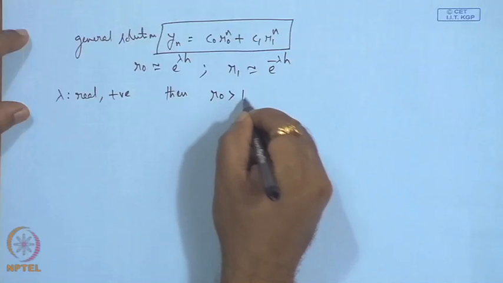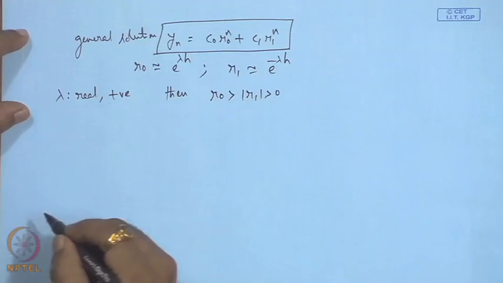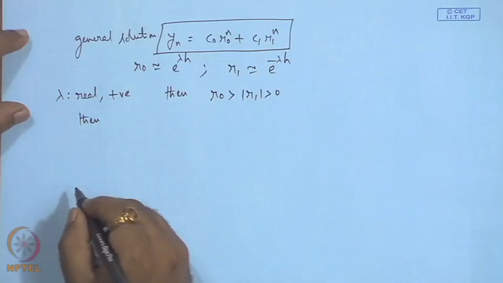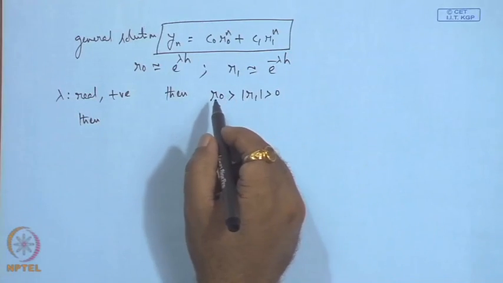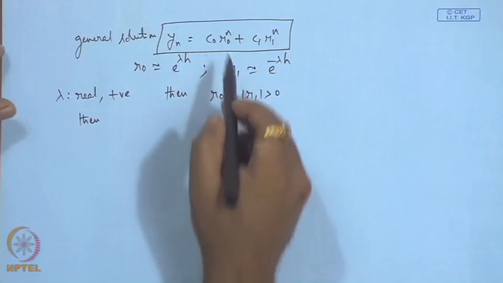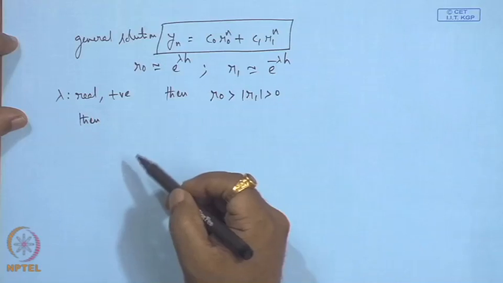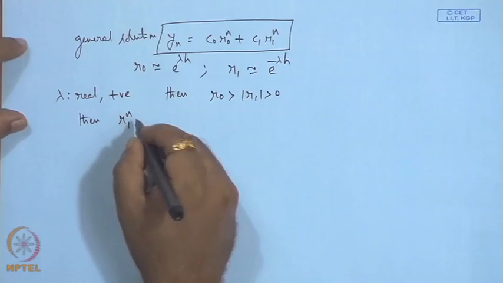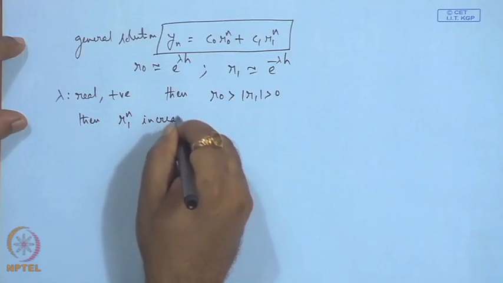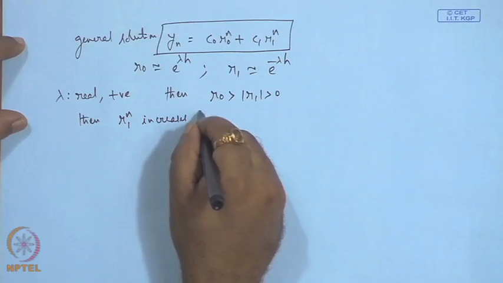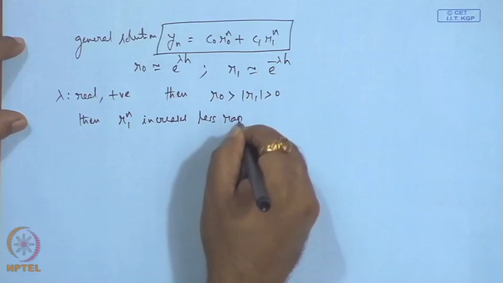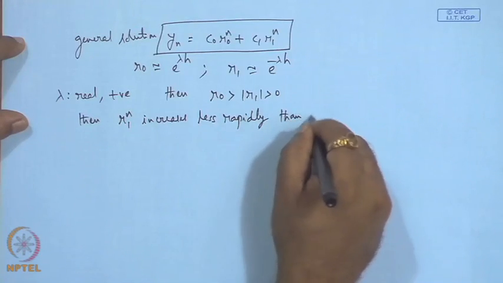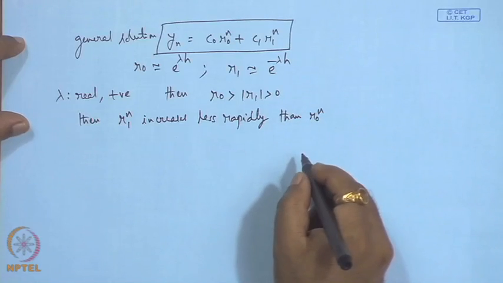R 0 is greater than this. Okay. Then what happens? This grows faster than this. Okay. So, R 1 power n increases less rapidly than R 0 power n.